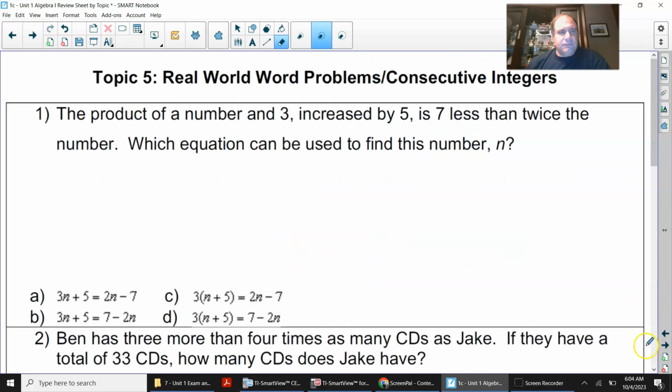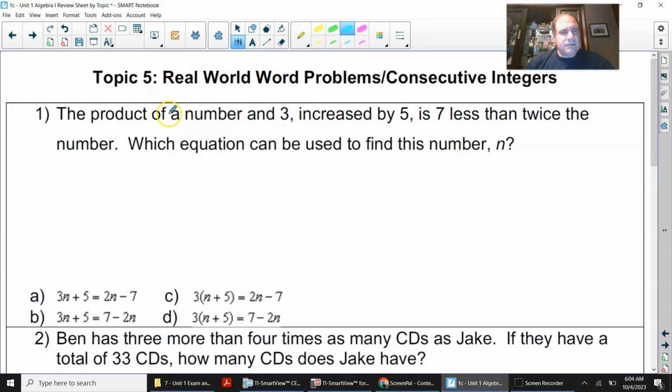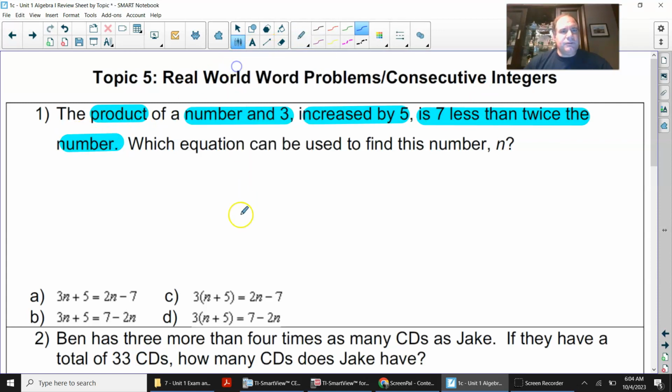And we'll go on to topic 5. Real world problems, consecutive integers. The product of a number and 3 increased by 5 is 7 less than twice the number. What equation can be used? Okay, product is multiplication.